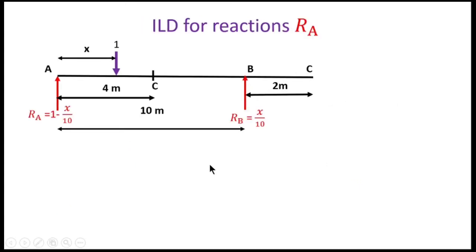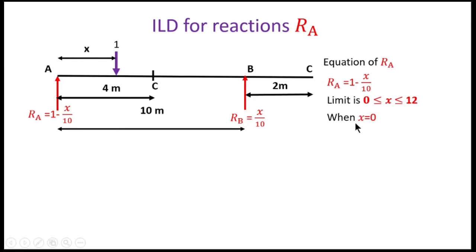Then ILD for reaction RA. So first write the equation of RA. That we know, equation of RA is 1 minus x by 10, and apply the unit load from 0 to 12. So the limits of x are greater than or equal to 0 and less than or equal to 12.